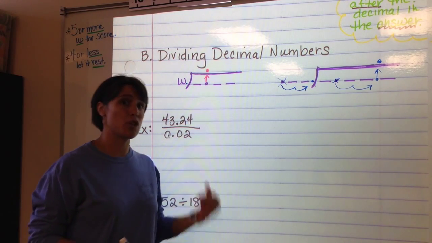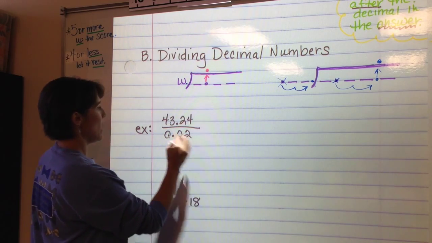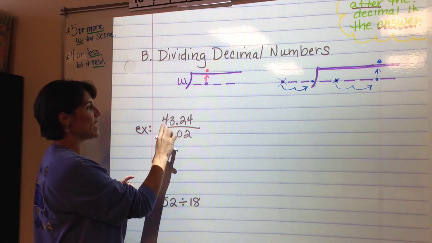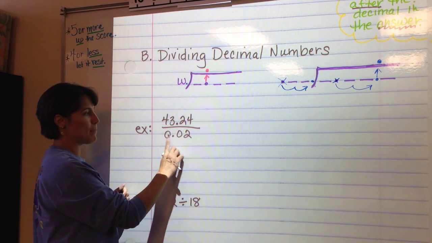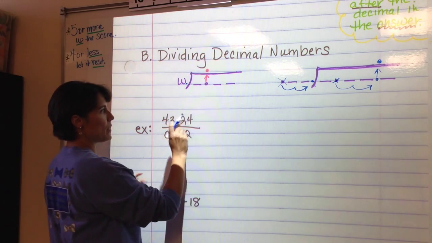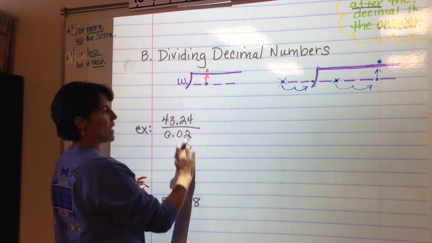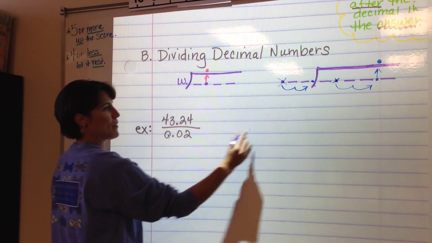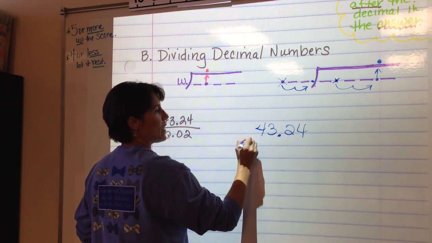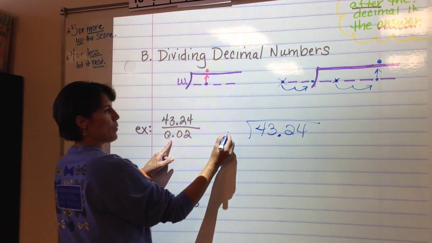And so, long division. Let's try one. This is 43.24 divided by 0.02. Remember, this is the divisor, the one on the outside here. So I have to write 43.24 divided by 0.02.